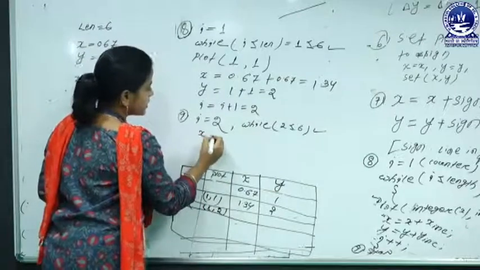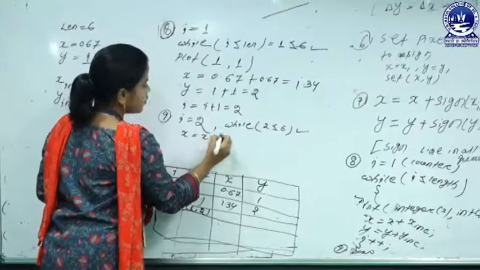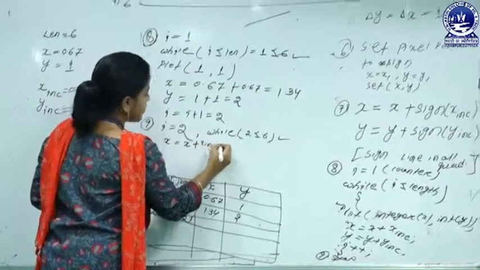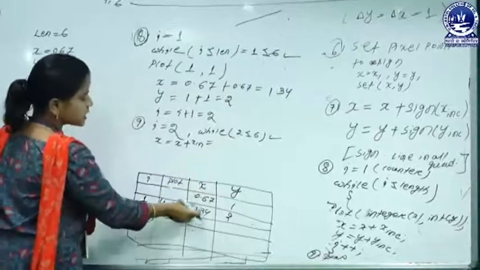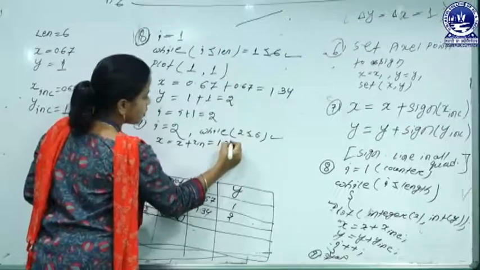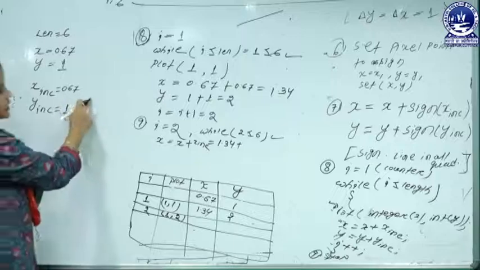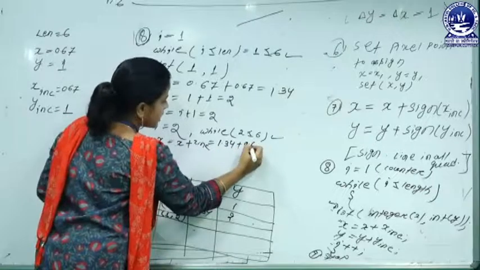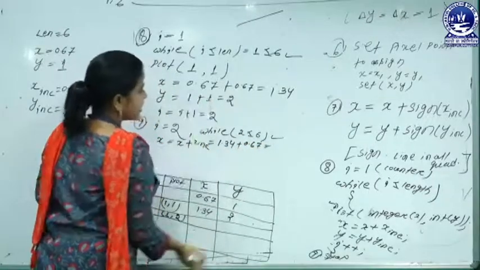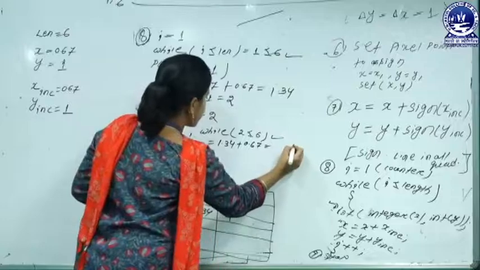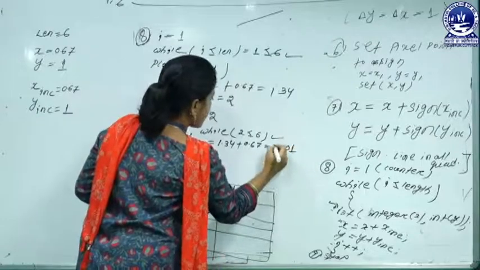Here x equals previous x value plus x incremental. That means the previous x value is 1.34 plus the x incremental value, that's 0.67. The resultant value is 2.01.